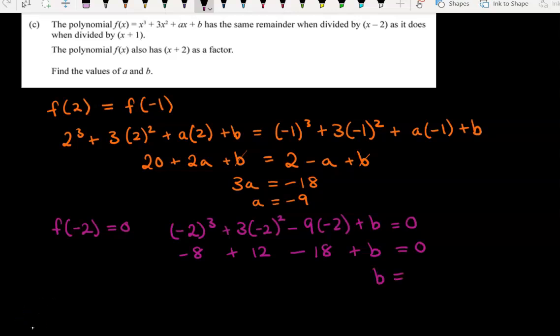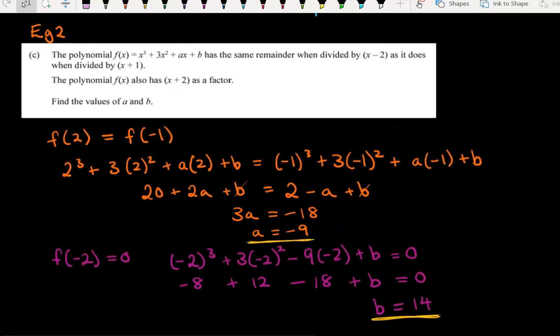We work through and rearrange that and we get b is equal to 14. So we've got our two answers of a equals minus 9 and b equals 14. It's a beautifully useful way to use the factor and remainder theorem together without actually needing to do any of the hard division.